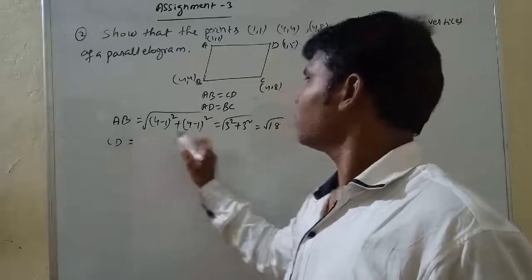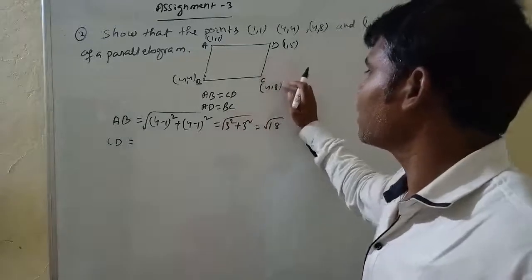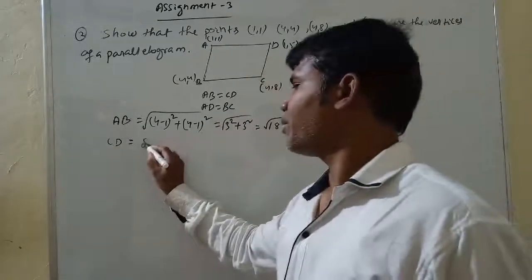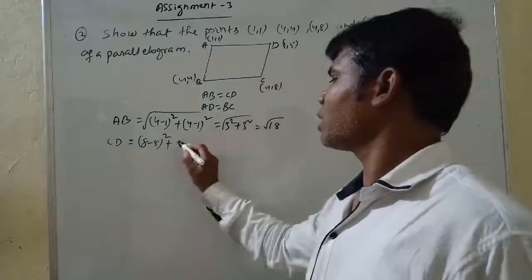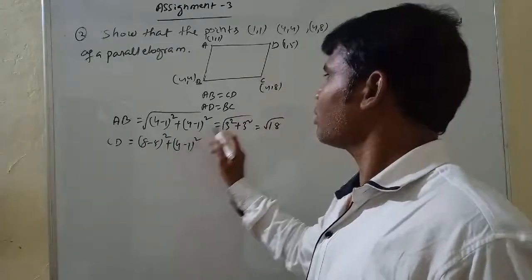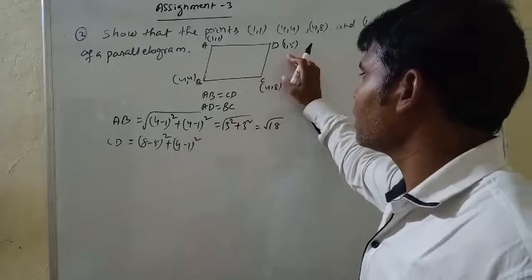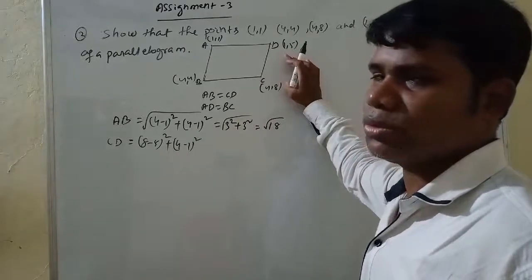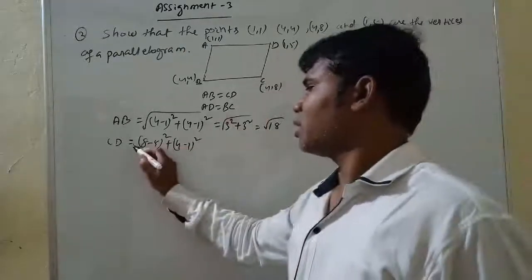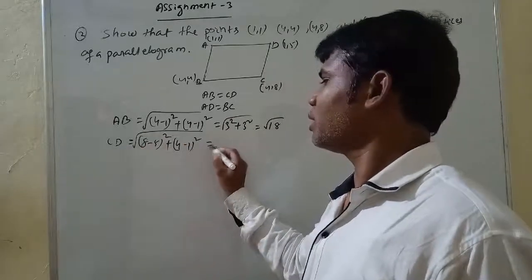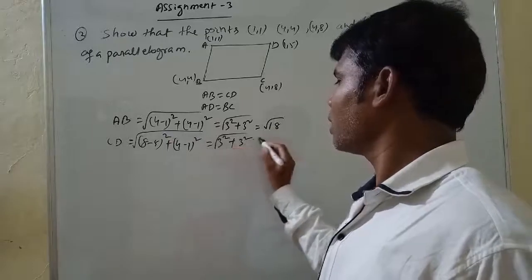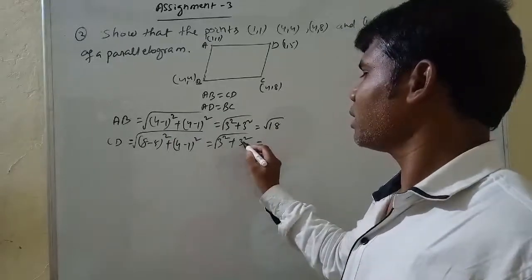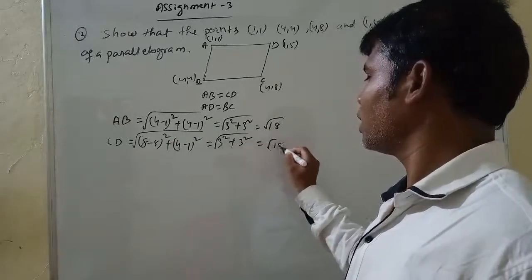CD is the square root of 8 minus 5 whole square plus 4 minus 1 whole square. You consider this is x1 y1, this is x2 y2, and you use the distance formula. 8 minus 5 is 3 square, 4 minus 1 is 3 square, 9 plus 9 is 18, root 18.